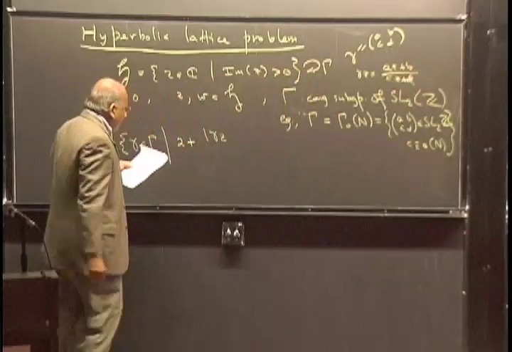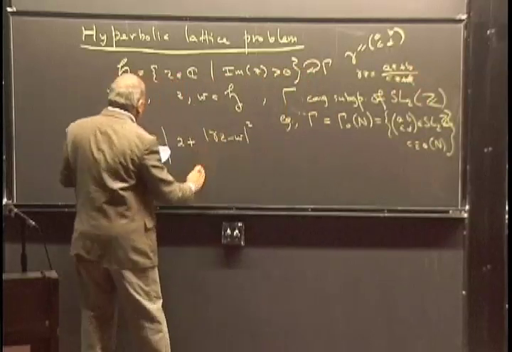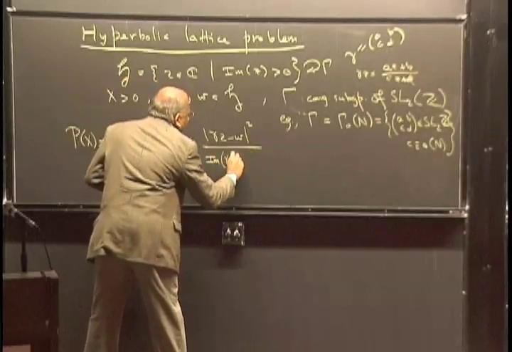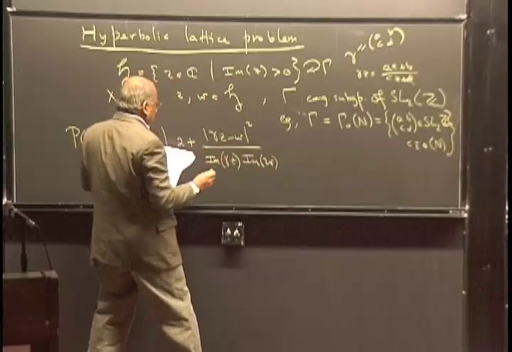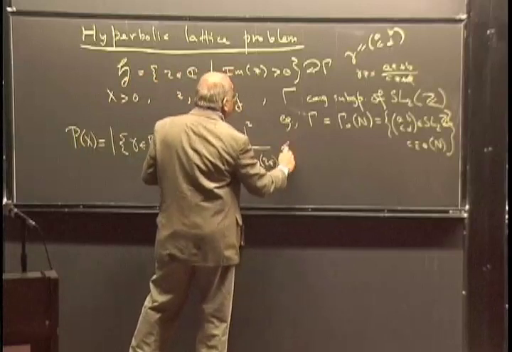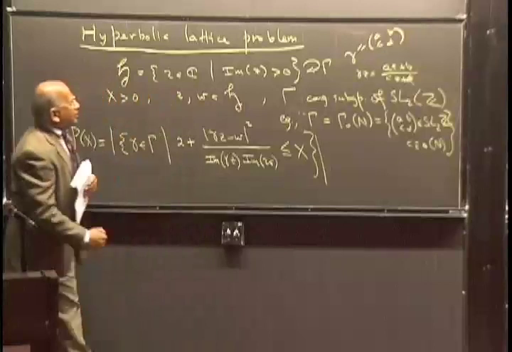So you take gamma Z minus W. Z and W are fixed. Then I divide by the square root of the imaginary part of gamma Z times the imaginary part of W. I take all those for which this number is less than or equal to x, and then you take the cardinality, the number of such things.